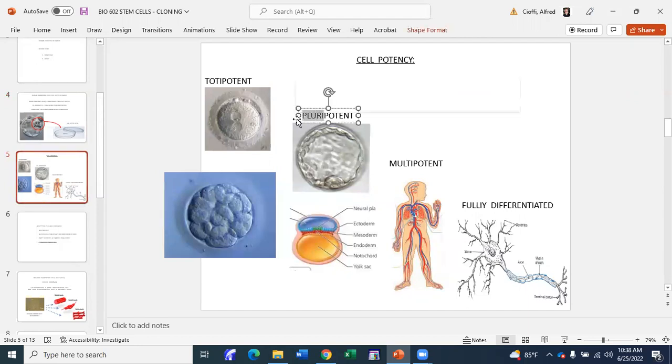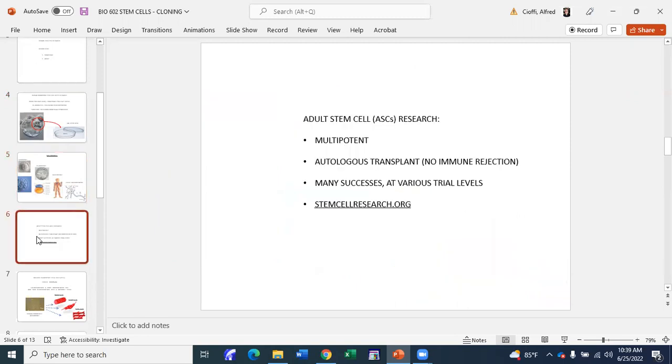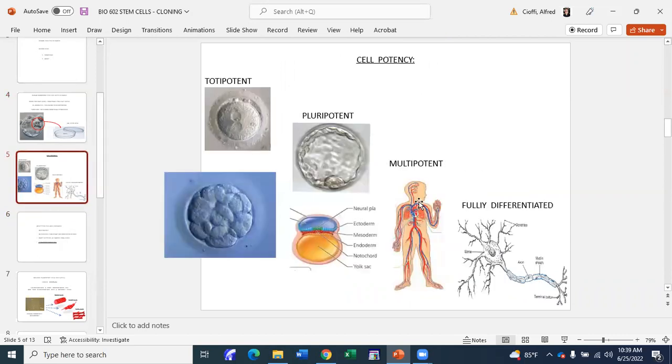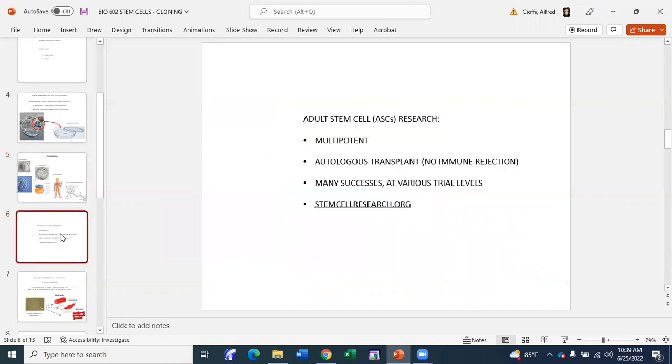Okay, so the silver lining about adult stem cells being multipotent is that they are already system specific or organ specific, and therefore they actually perform better in the human clinical trials that have been done. So adult stem cells are actually performing better than the embryonic stem cells, okay?